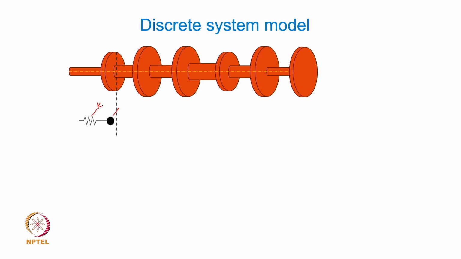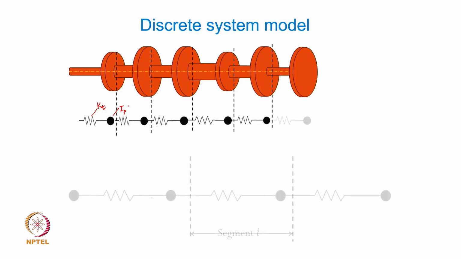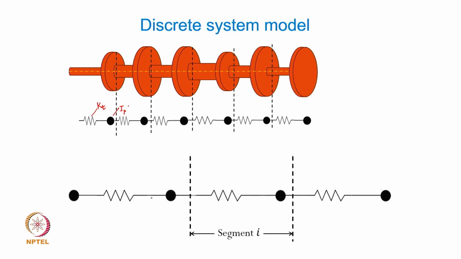And obviously when it undergoes torsional vibration, this represents its polar mass moment of inertia about the axis of the shaft. That is basically how the inertia and stiffness elements together define one particular segment. Then you have another segment, and that way you can continue.